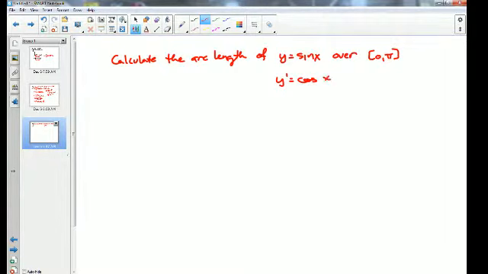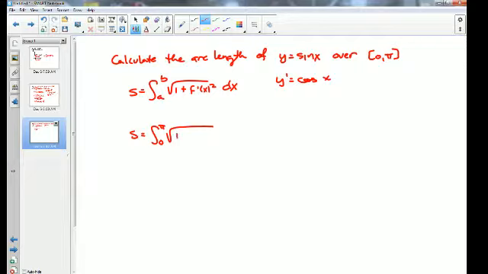Cosine x, right? So, again, write out the formula, just to memorize it. So we have the integral from 0 to pi of the square root of 1 plus cosine x, squared.